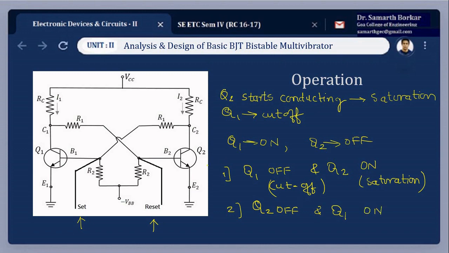Now if I look at this circuit, transistor Q2, I can derive the output from here. So when this transistor is in saturation, it is conducting. At that point of time, the output voltage will be 0. So we can derive any kind of pulse signal by periodically applying the pulses at set or reset terminal.